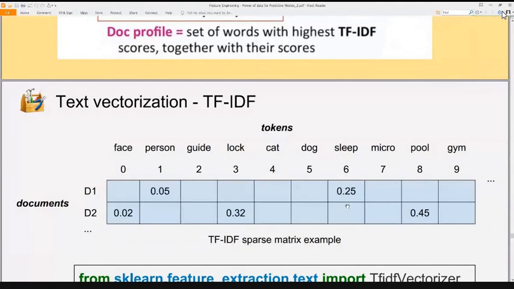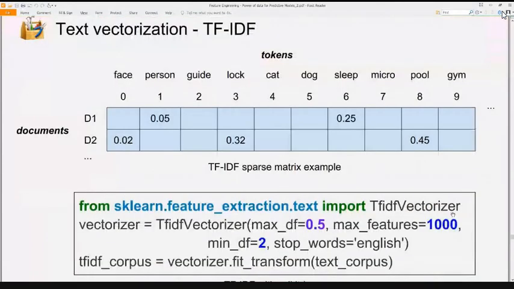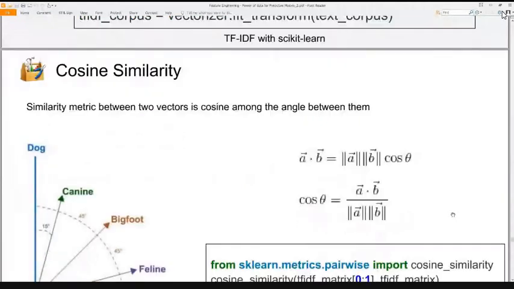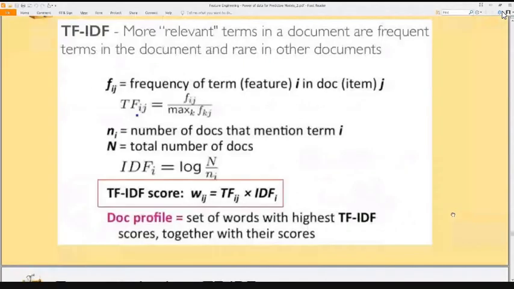So in document 1, we assign these weights to the words. That's TF-IDF, and this is its formula, whereby we look at the weights assigned using the frequency of the term in the document divided by the maximum number of times the feature appears in all the other documents.